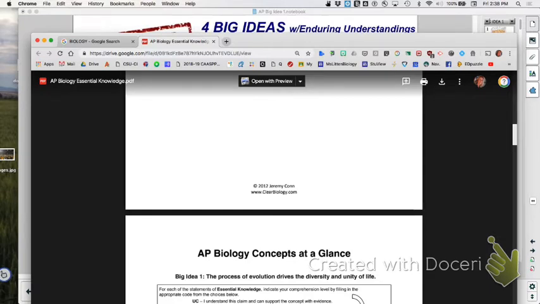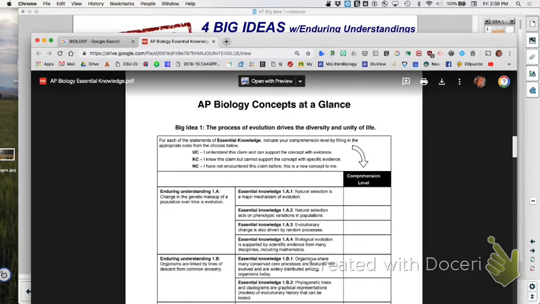I honestly don't know how I have it, but it's in your folder. This was an assignment where he would have them identify how well they knew it. But I like it because it's one of the easiest documents, which shows the enduring understanding and then the essential knowledge. I have also provided all the learning objectives for you.